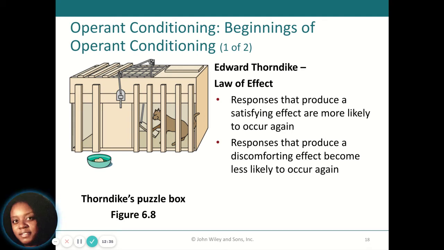Responses that produce a discomforting effect, they will be less likely to occur. If you don't like the consequence of something, chances are you're not going to do it again. If running a red light gets you a ticket and you don't like paying that fine, you're probably going to stop running red lights.